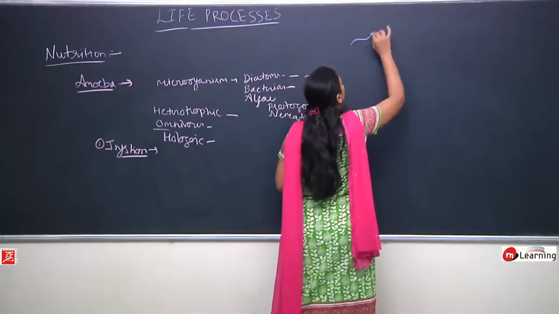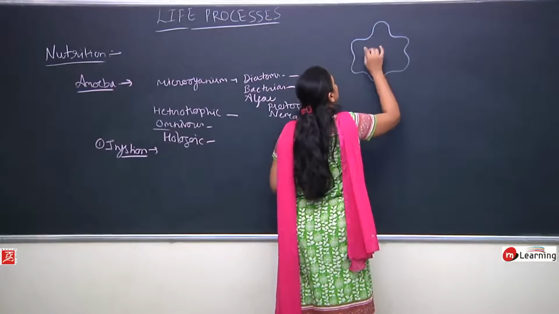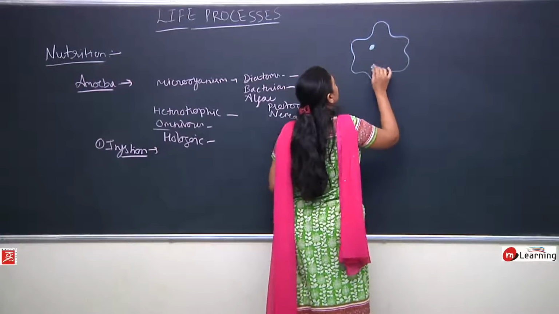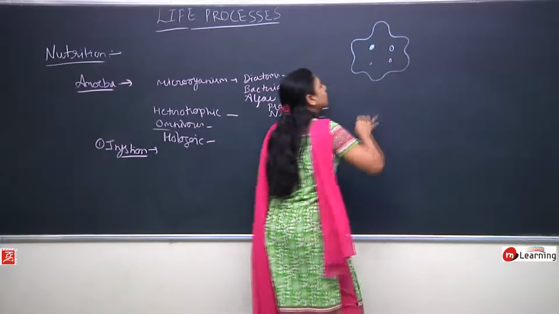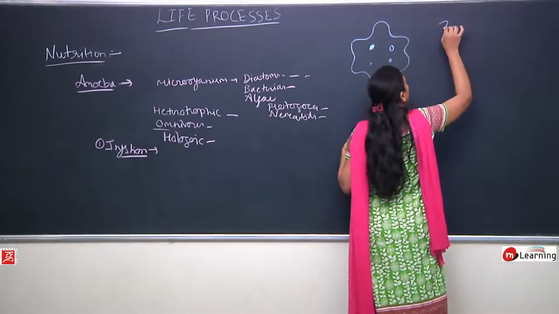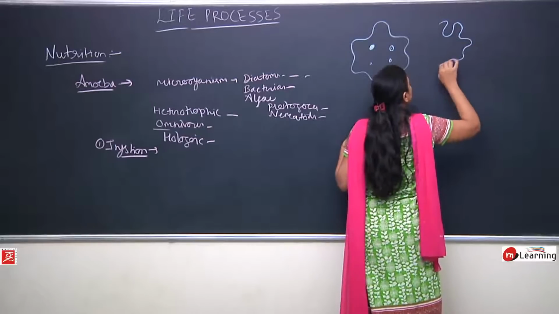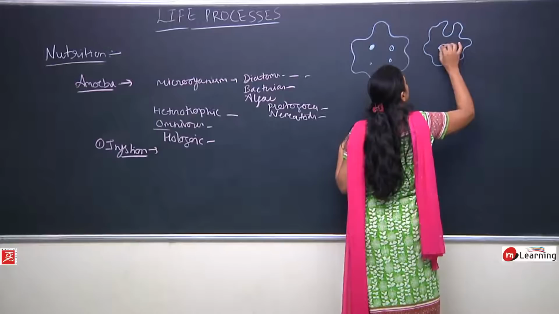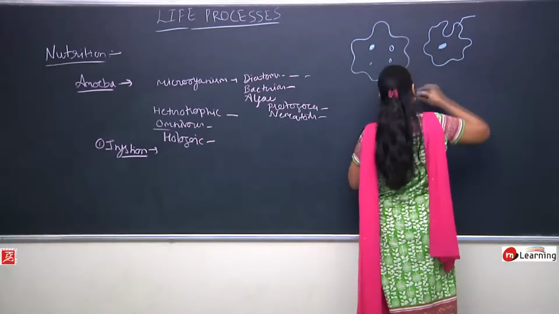Amoeba's cell wall is very flexible and it can convert its cell wall into finger-like projections. So whenever amoeba sees its food, it makes finger-like projections.